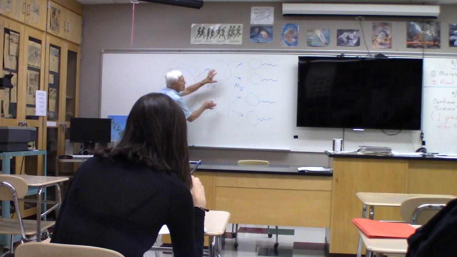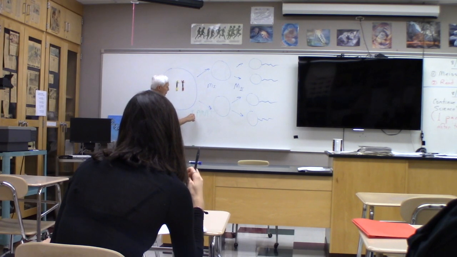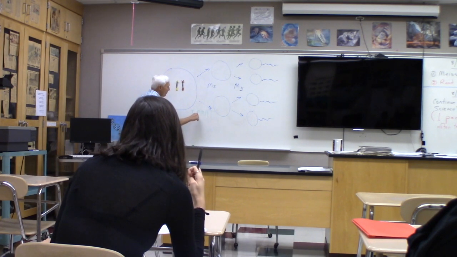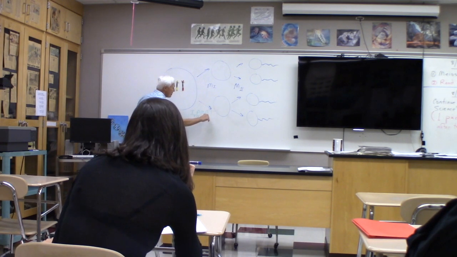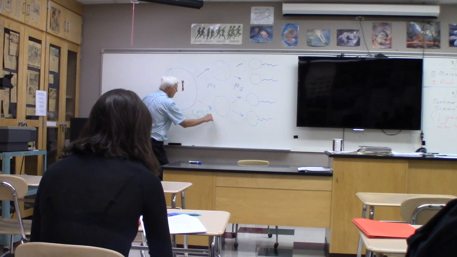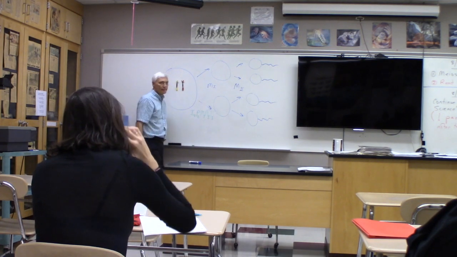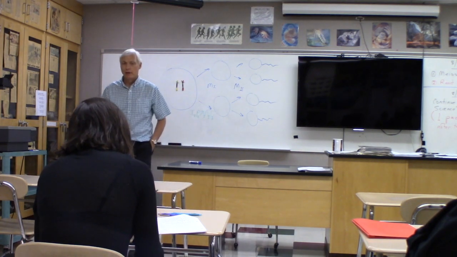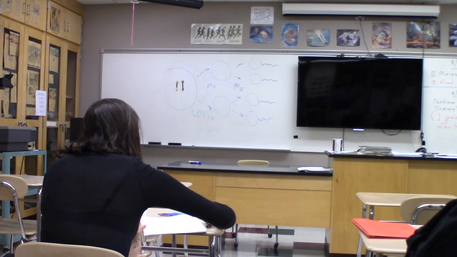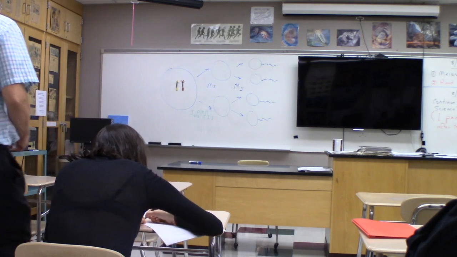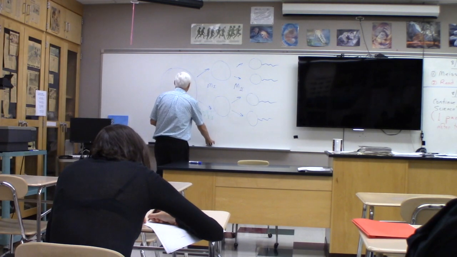But since this is meiosis 1, we're going to call this interphase 1, prophase 1, metaphase 1, anaphase 1, telophase 1. Can you guys see the green very well back here? Yep, okay.